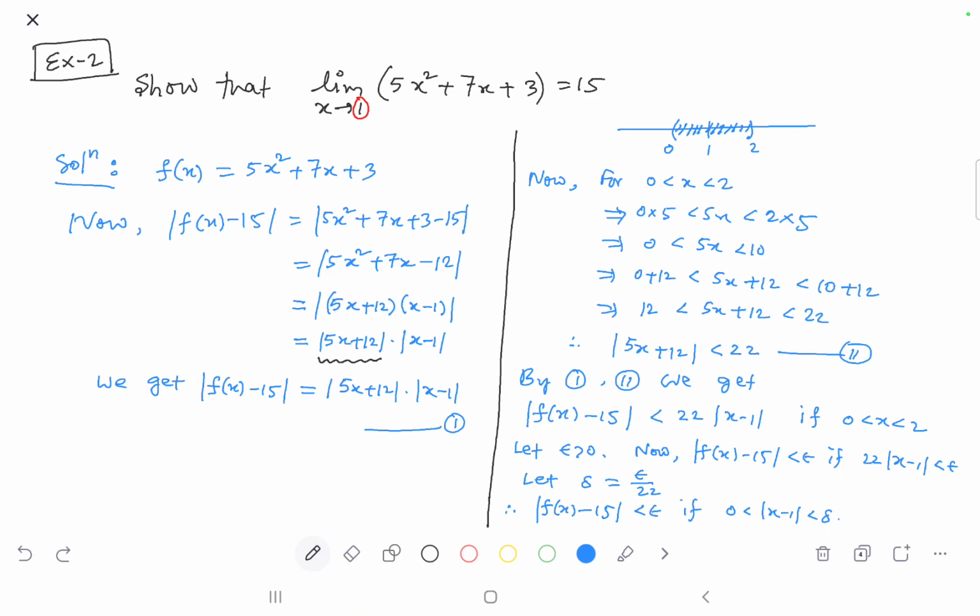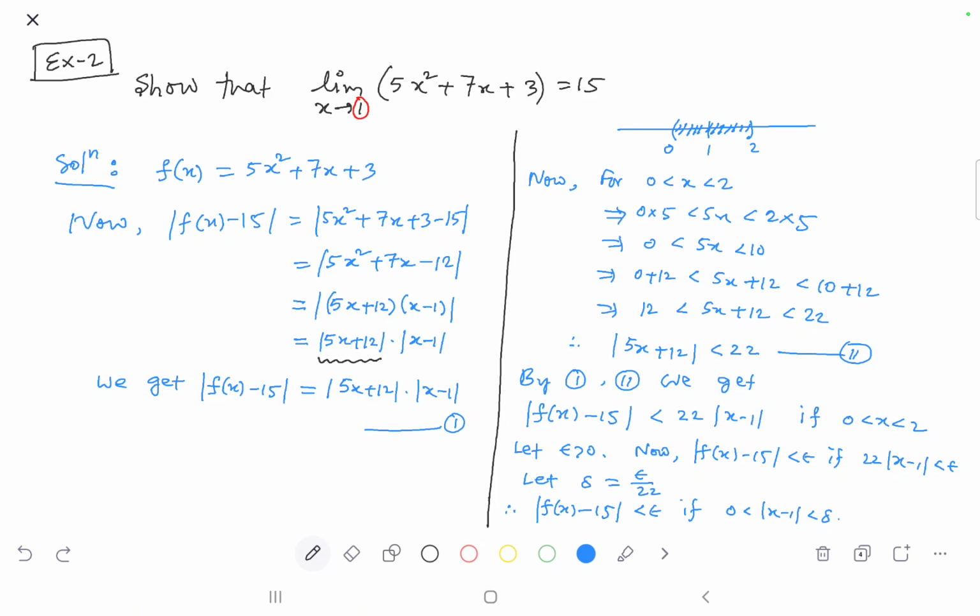Yeah. Okay. You can see this kind of question. Always you consider your function f(x), then you calculate the difference of f(x) and the limit, and then on the right hand side you need to bring a factor x minus the point. That we have done here.